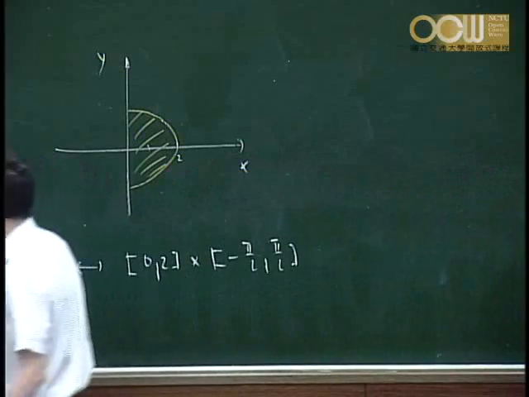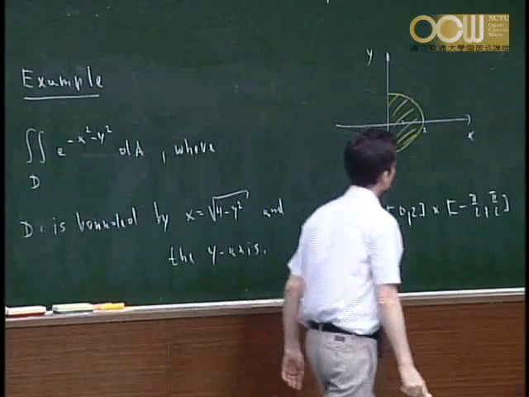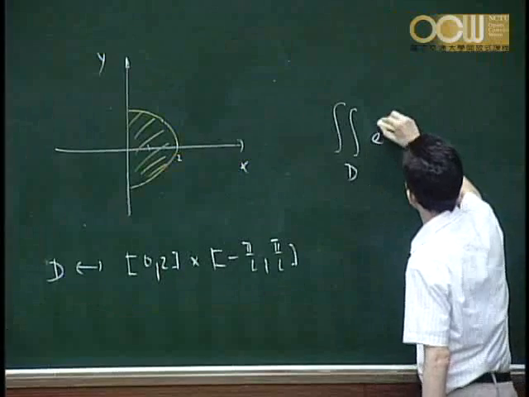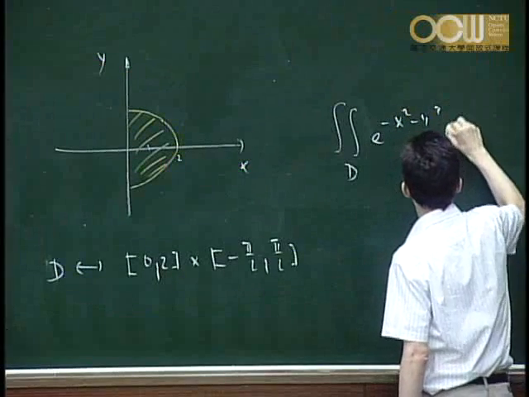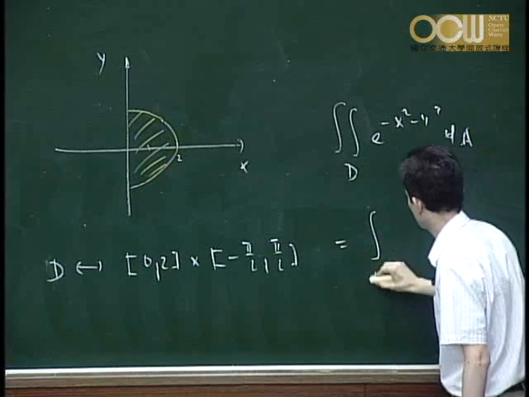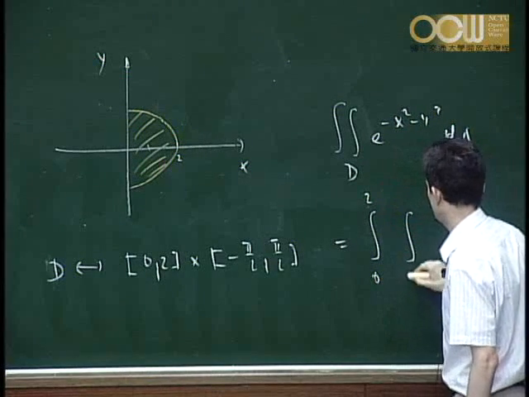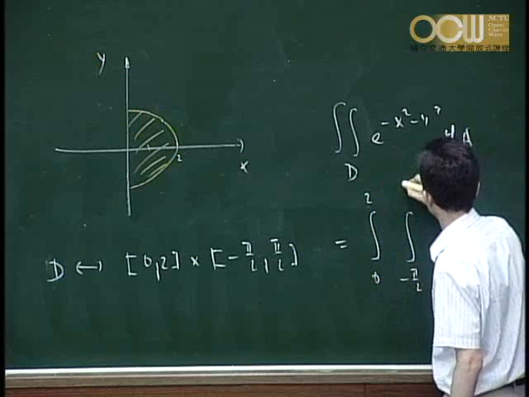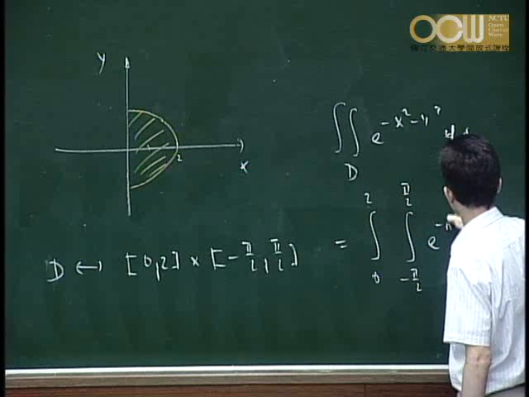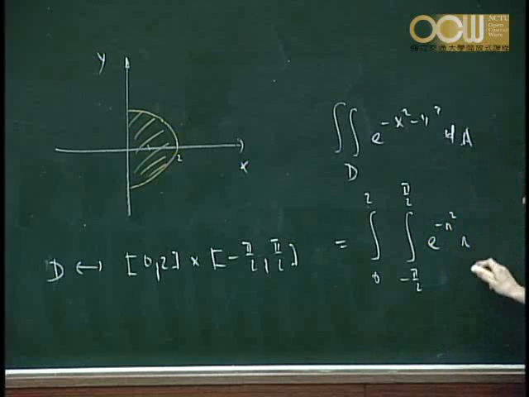So if we do the change of variable for this integral, we will get the integral with r from 0 to 2, theta from minus pi half to pi half, of e to the minus r square, and we have the r, which you should not forget, d theta dr.